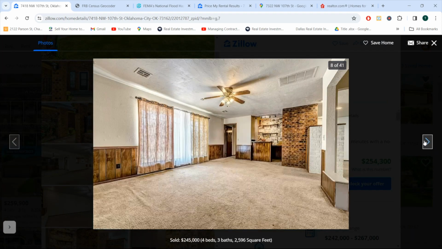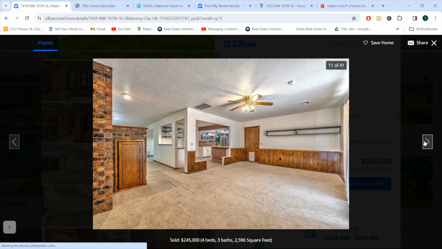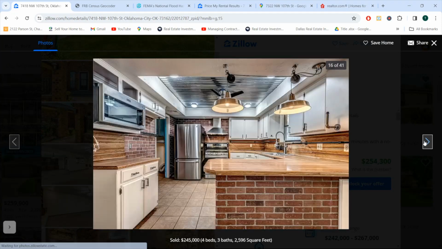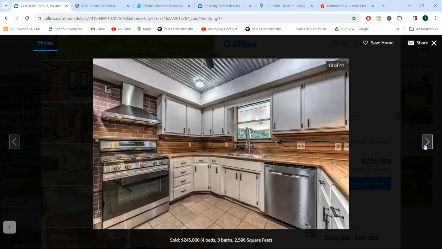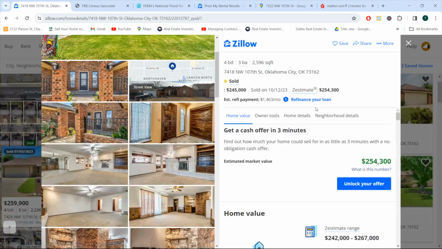So you can see that in as-is condition, these properties are getting 245, 260. I mean, this is okay. They have some stainless steel appliances, but this property has not been done up. This is basic stuff. So with that being said, we can take an as-is value.